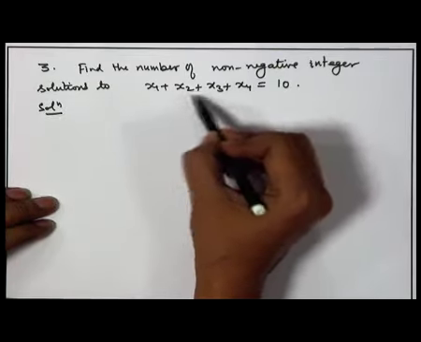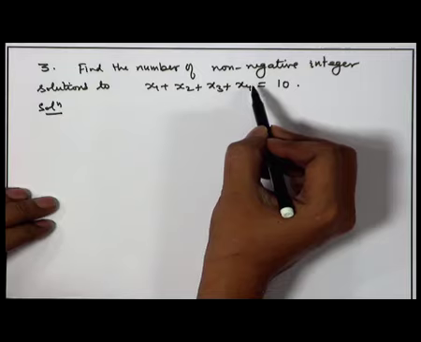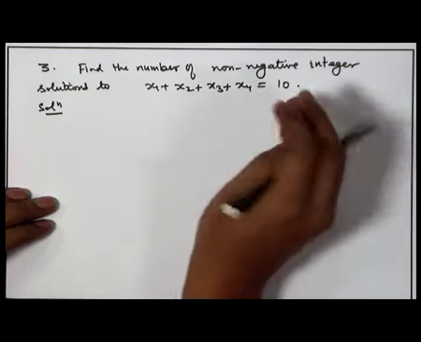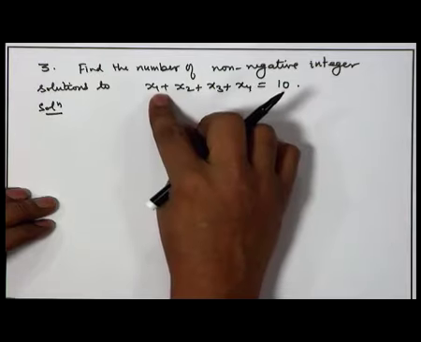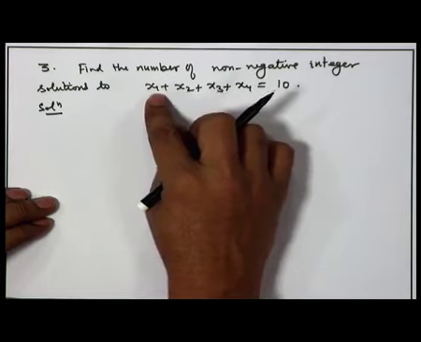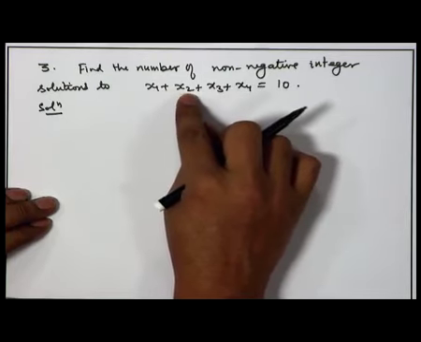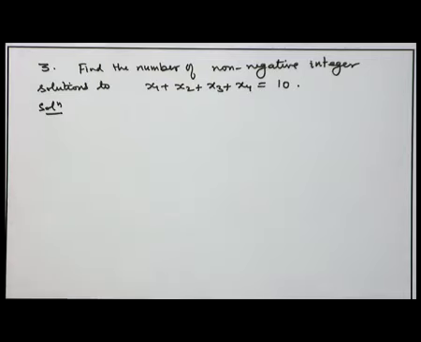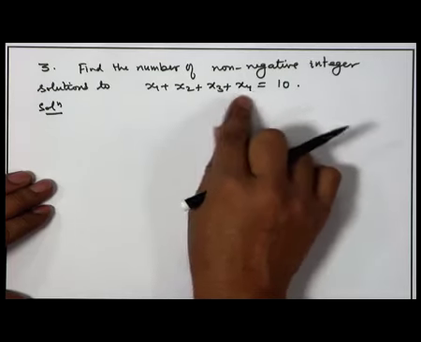Now, this can be considered as the problem of distributing 10 ones. There are 10 ones. So, x1 can be 0, because we are taking non-negative integers. So, x1 can be 0, 1 to 10, x2 can be 0, 1 to 10 and so on. So, basically it is a problem of distributing ones. There are 10 identical ones which have to be placed into 4 distinct boxes.